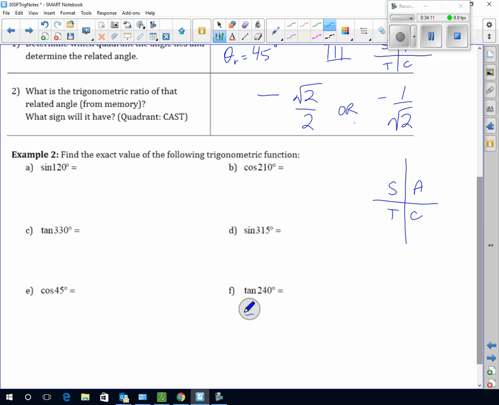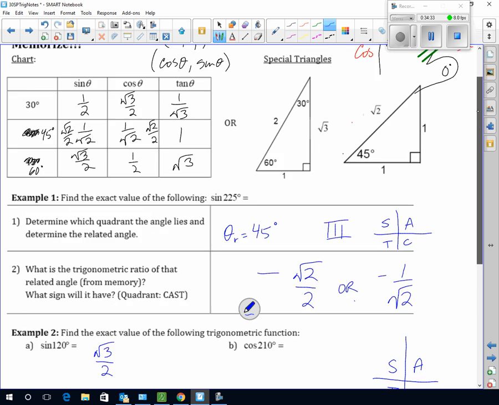And is it positive or negative in quadrant 2? They're all over 2. Everything's over 2. It's actually all radicals over 2, and I'll show you this. If I go back up here, 1 over 2 is the same thing as root 1 over 2.